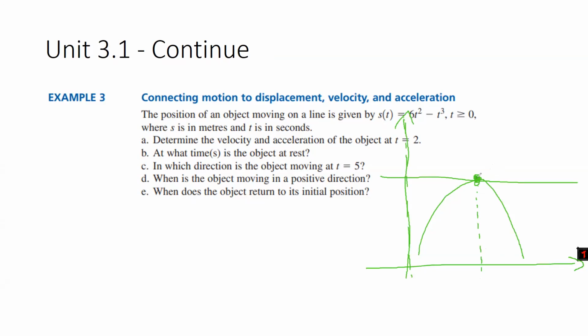So it reaches its greatest distance from the starting point and turns backward, because this would be the parabola of the function of velocity, right? Because the function of displacement has a different appearance.